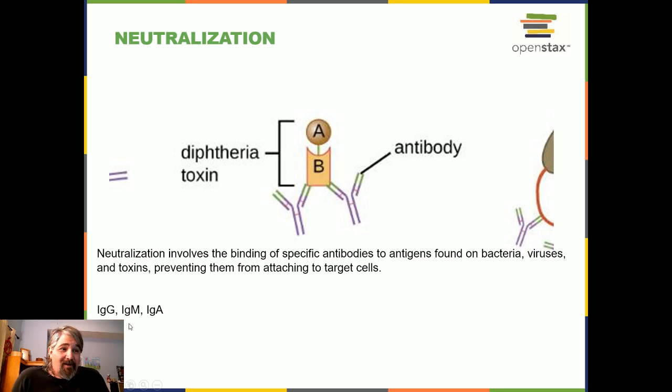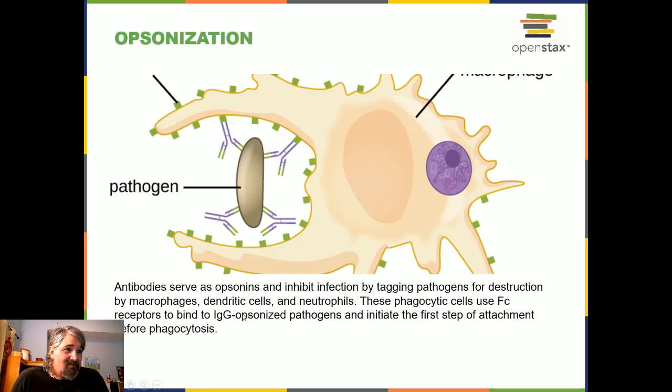So IgM, IgG, and IgA have this function. Opsonization is where the antibody serves as an opsonin. This is able to inhibit infection by tagging the pathogen for destruction by macrophages, dendritic cells, and neutrophils.